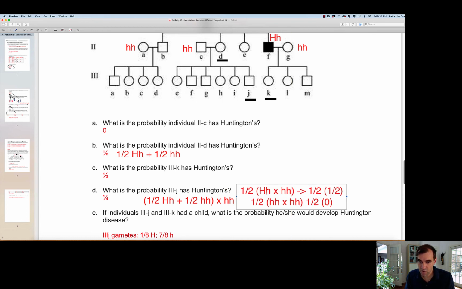And so if the cross is like this, there's a 50% chance that the offspring has it. And then there's a 50% chance that the cross was like this. And so in this case, there's a 0% chance that the offspring would have it.